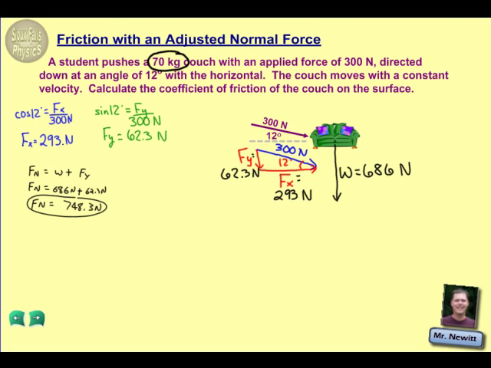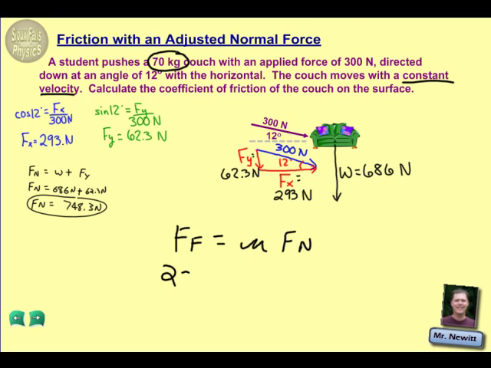Okay? So, frictional force is equal to mu times the normal force. Our frictional force is going to be equal to the force that is being applied in the x direction, the 293 newtons. It does tell us that this couch moves with a constant velocity, so we know that the applied force and the frictional force have to be equal to each other.